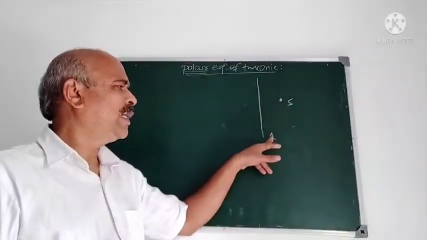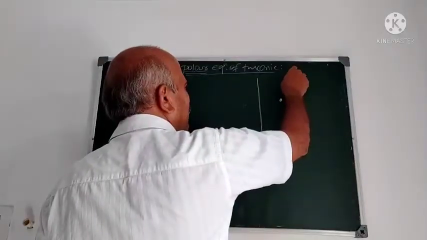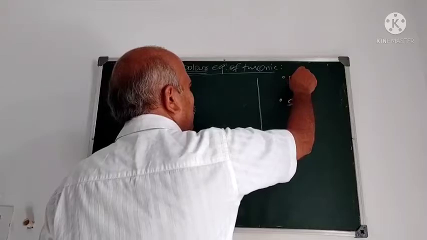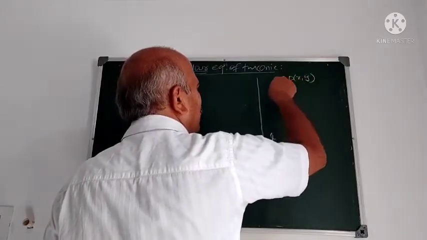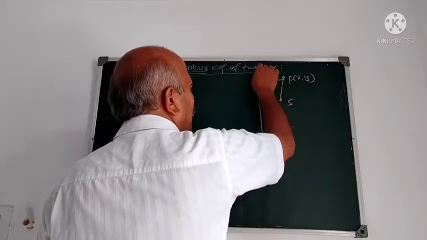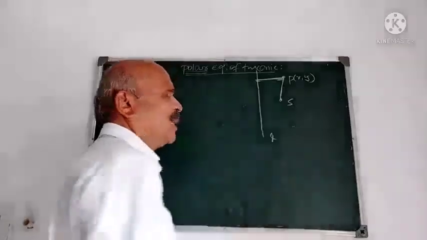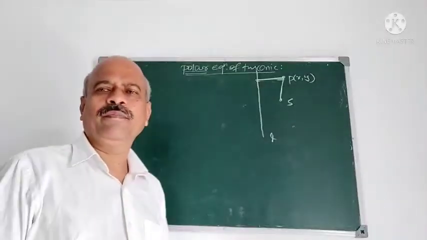Suppose this P(x, y) is a point in the plane and it moves like that. Its ratio of its distance from fixed point to the fixed line is always same.